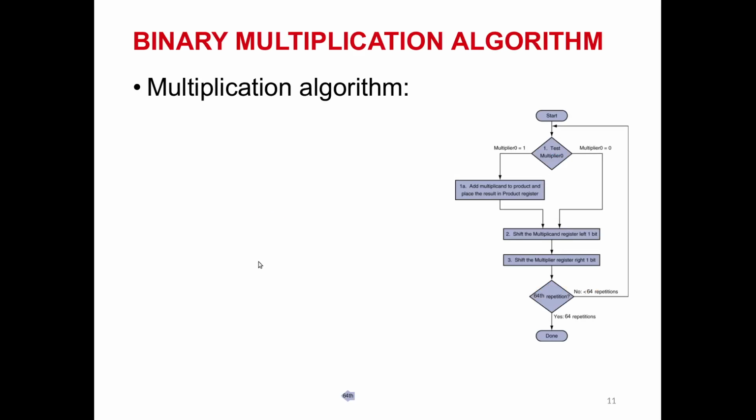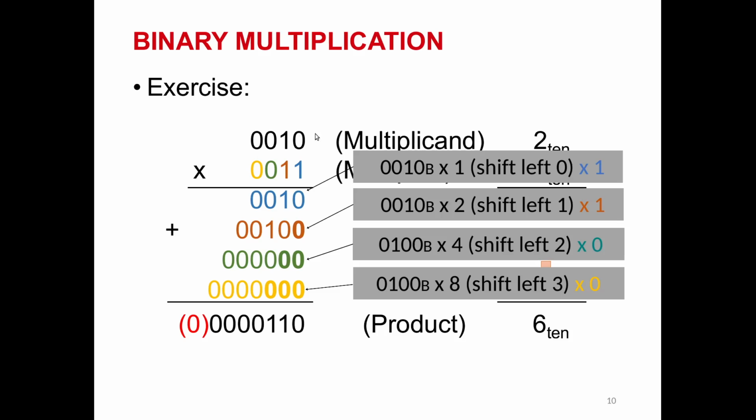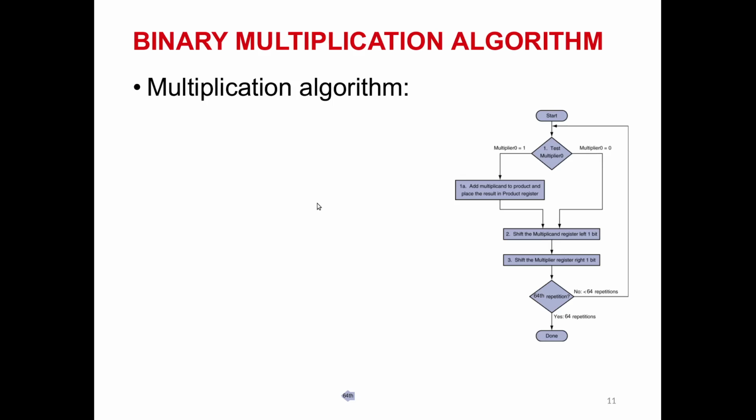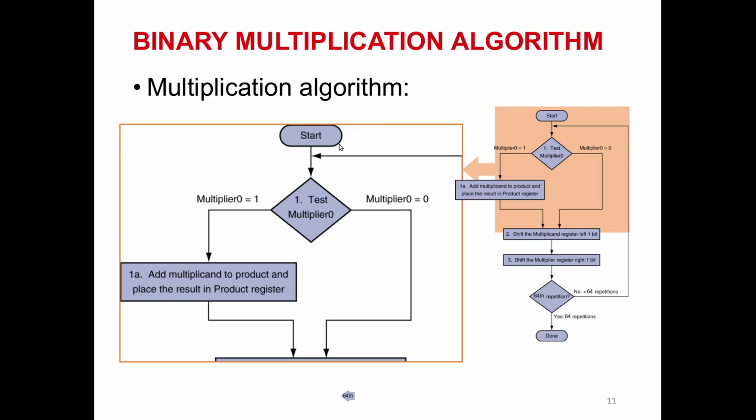Well, so now with those understandings, we go to the algorithm. For the algorithm, you can see the algorithm shown here, but I will zoom it up so you can see it easier.